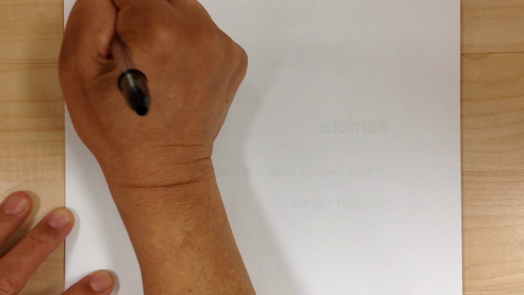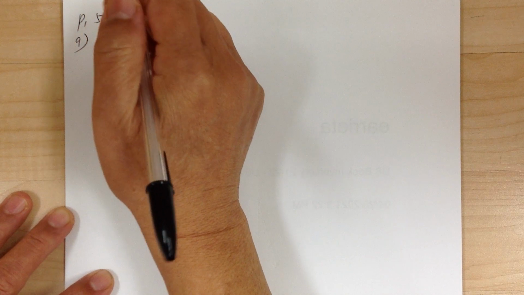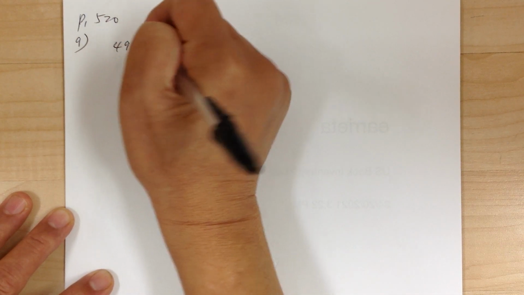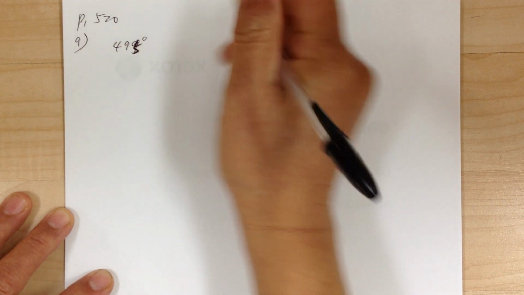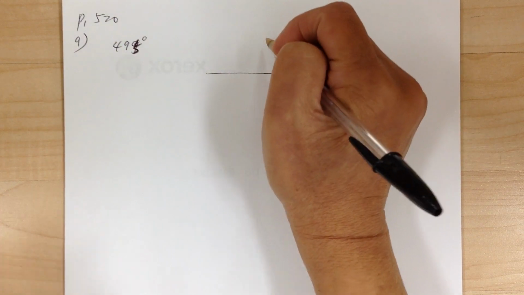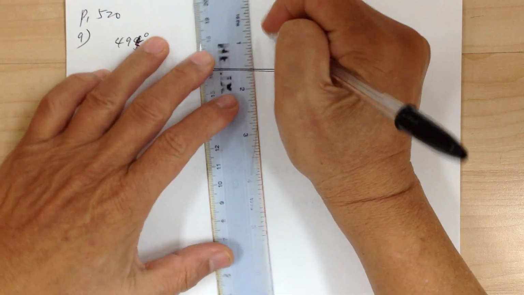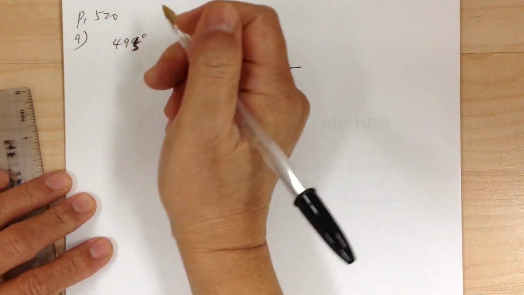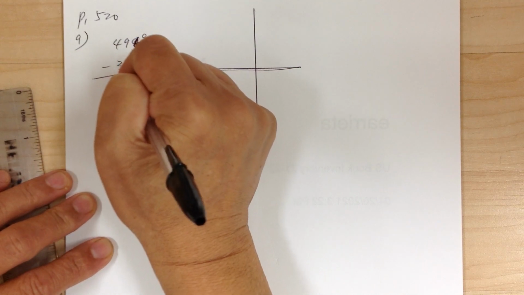Okay, let's go to number 9. Number 9 is 495 degrees. Okay, so I'm going to minus 360, so I get 135.